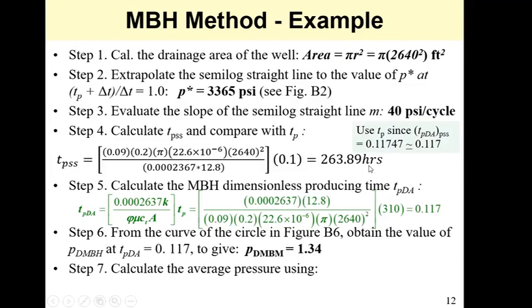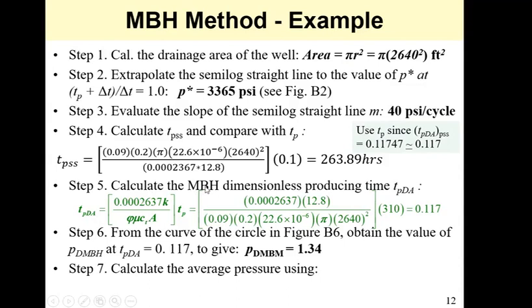So from what we saw on the other slide, one should be able to replace tp with tpss. But if you see in dimensionless form, they are quite close. So we go on using tp.